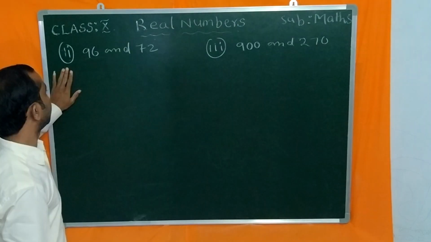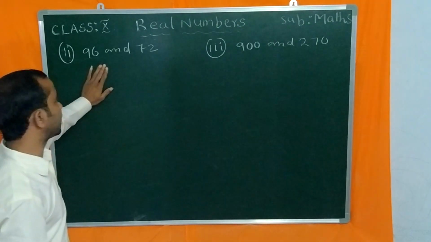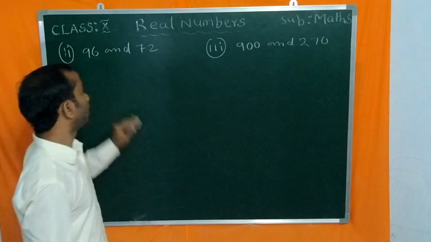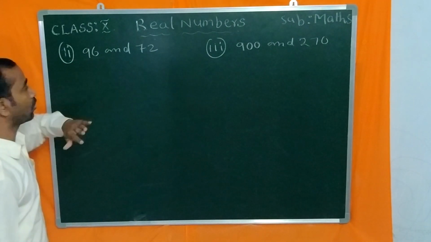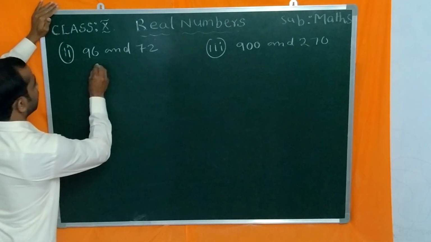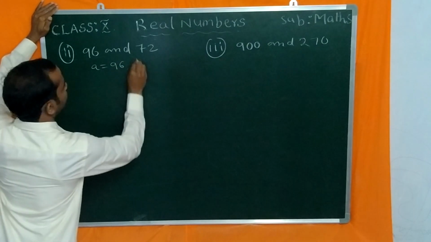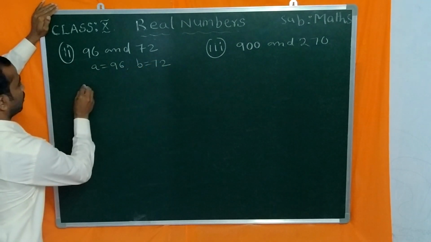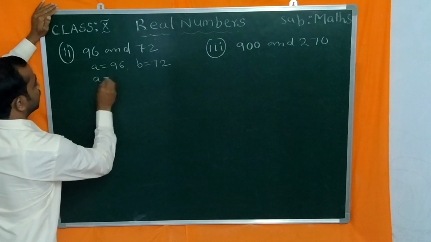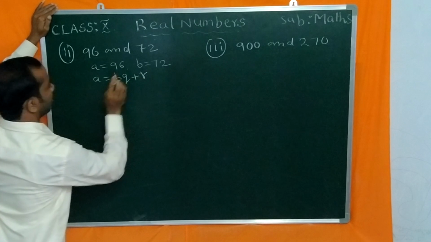Next, second problem. Find the HCF of 96 and 72 using Euclid division lemma or Euclid division algorithm. So here a equals 96 and b equals 72. Euclid division lemma: a equals bq plus r.